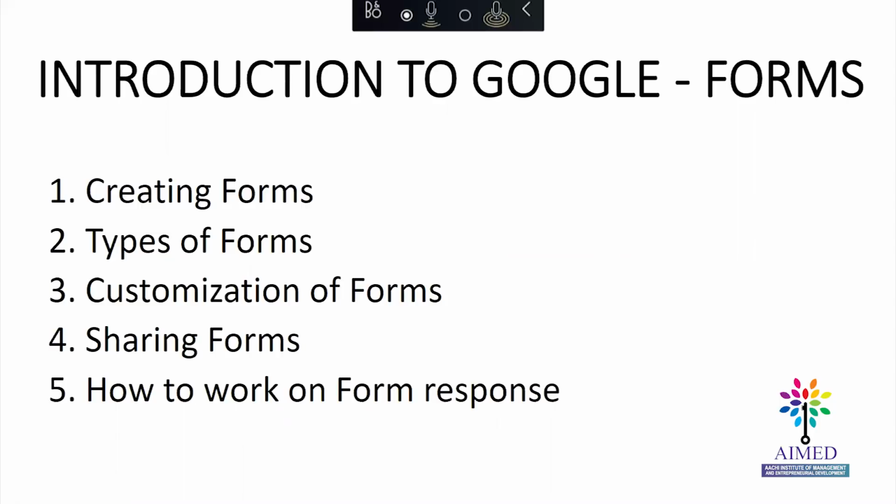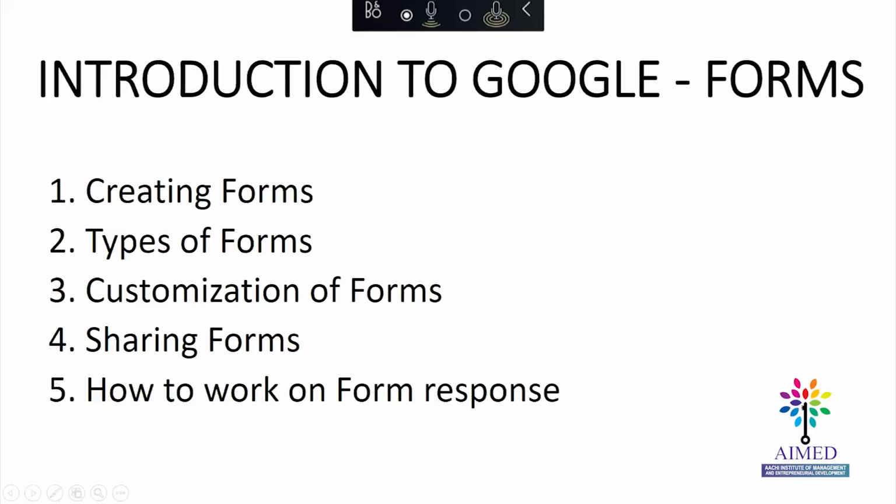If you want more questions, you can post them in the comment section. And customization of forms, we have seen how to add an image to the header of the form, how we can customize the theme and how we can set the background of your forms. Okay, and sharing forms.